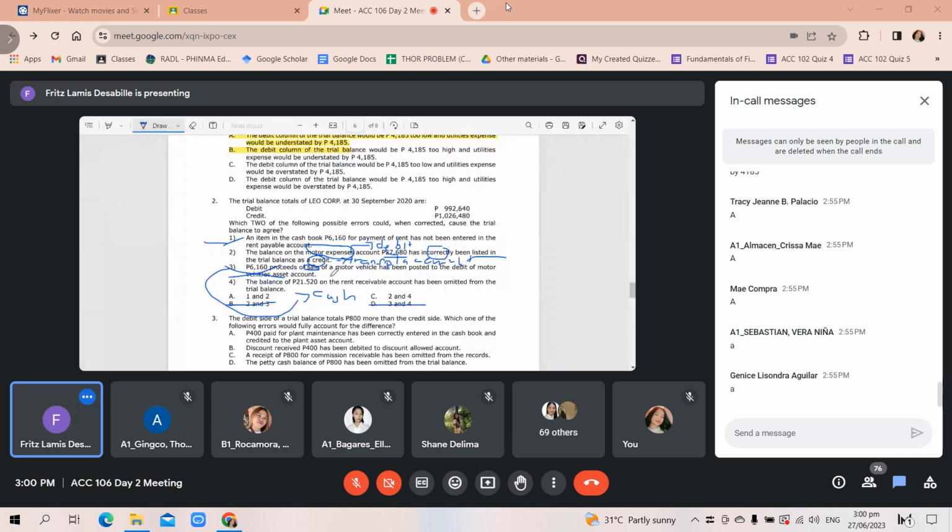Of course, it would cause your trial balance to not be equal. Okay, so just to illustrate, let's make a simulation. The amounts are there actually.